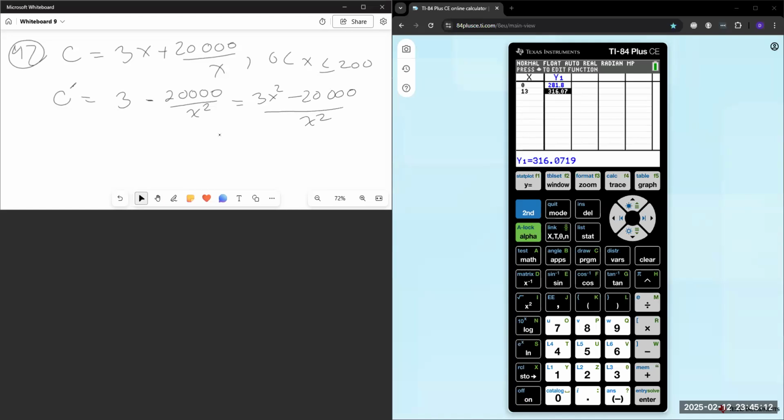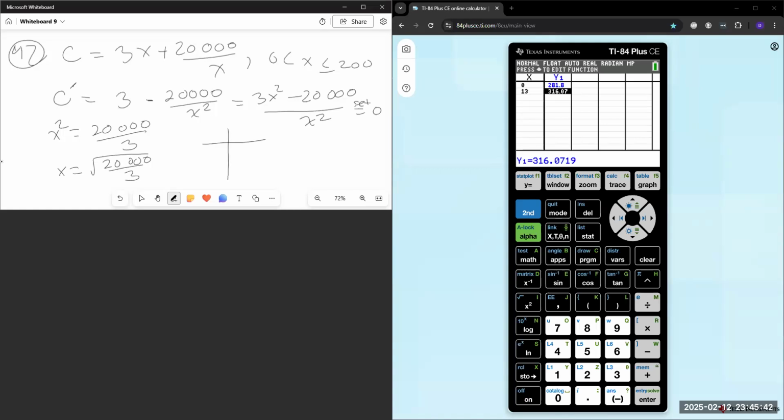And my answer, if I set this equal to 0 for my critical number, will be x squared is equal to 20,000 divided by 3, and x is equal to the square root of 20,000 divided by 3. And I can't have the negative because x has to be between 0 and 200.